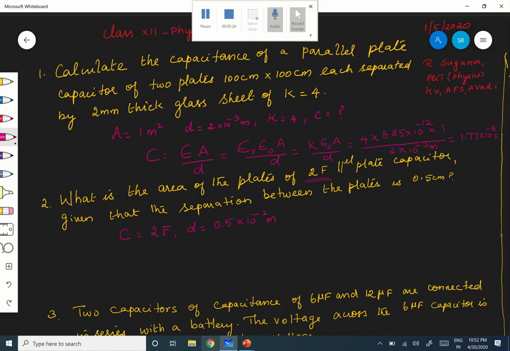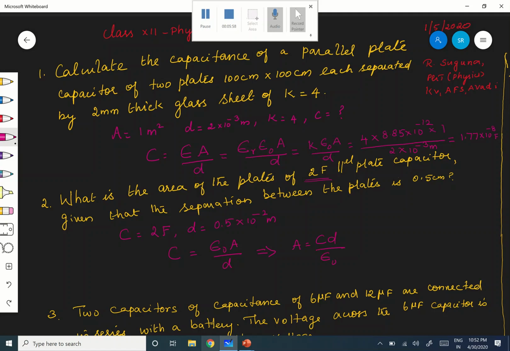Then epsilon naught is known. You are asked to find out the area. You know very well that C is epsilon naught A by D, since no medium is given, it is understood that you have to take it as vacuum or air. That implies A is equal to C D by epsilon naught.